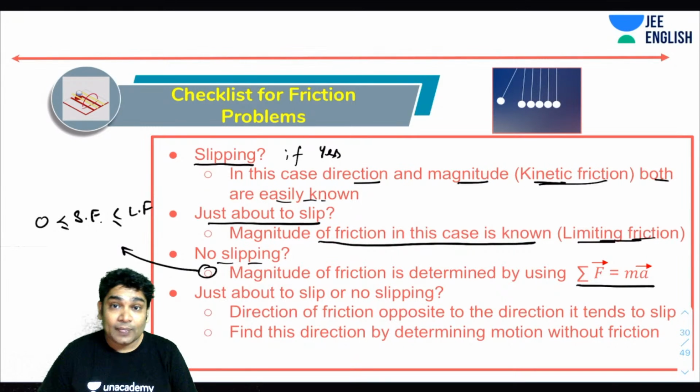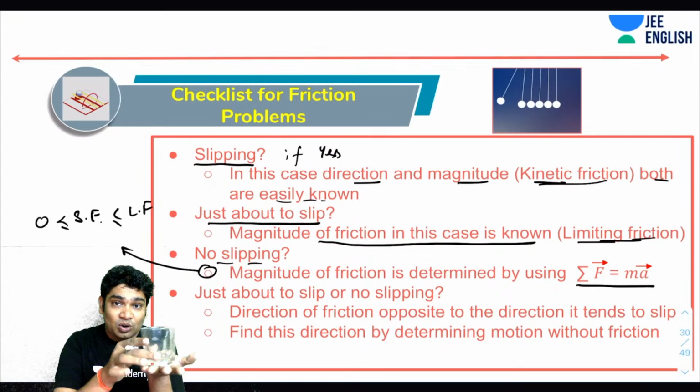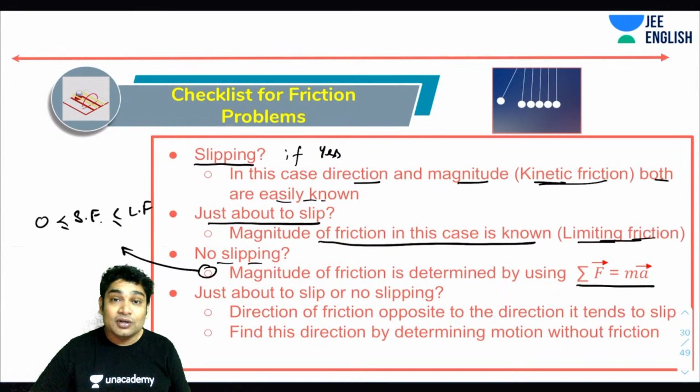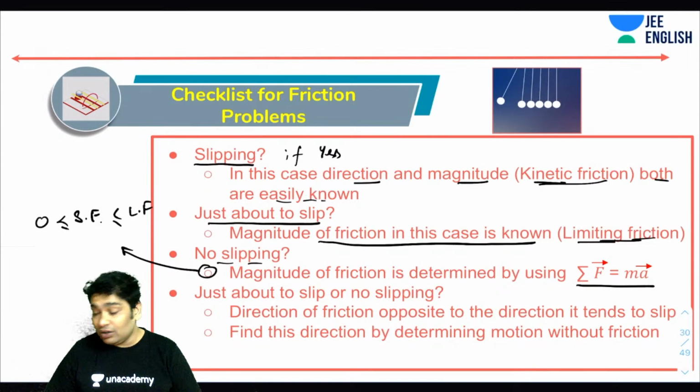Now, if the condition is just about to slip or no slipping, then sometimes judging the direction may be difficult. In relative slipping, you immediately see where things are going. But if there is only a tendency of slipping, you may not be sure whether it is slipping in this direction or in this direction. So how can you quickly and correctly judge the tendency of slipping?